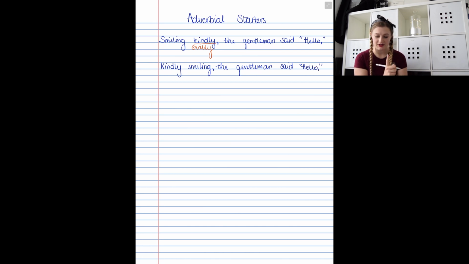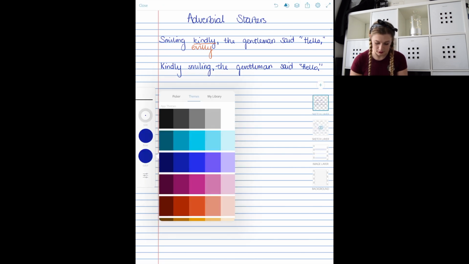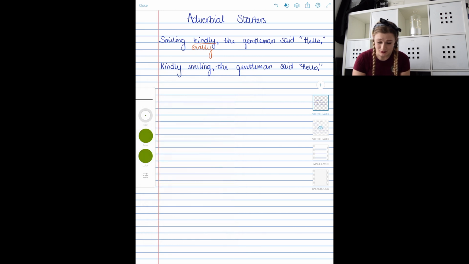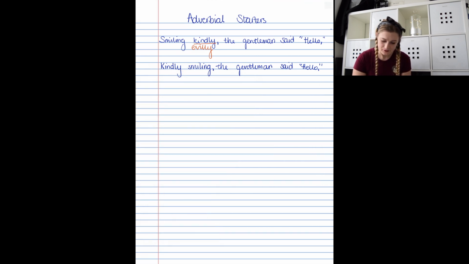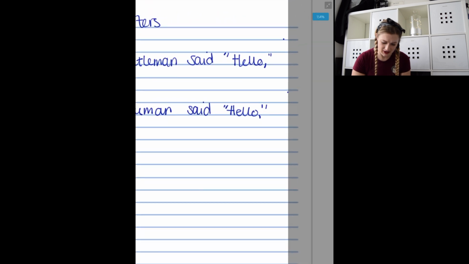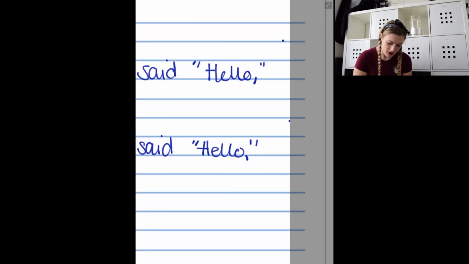Now, one thing to notice, as I was doing my speech, this is going off the point, but I think it might be quite a good thing to point out. I have put my speech marks, quite obviously, and when we start our speech, we always start it with a capital letter.